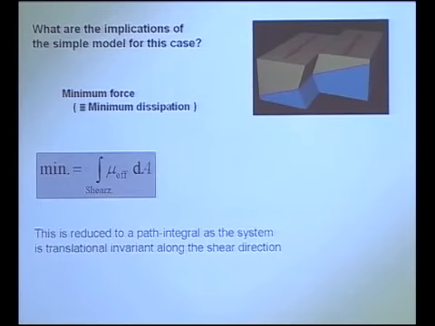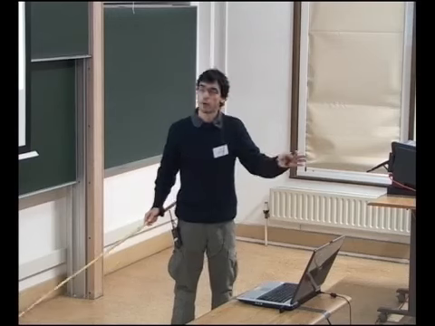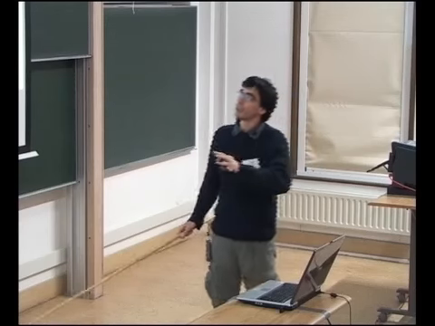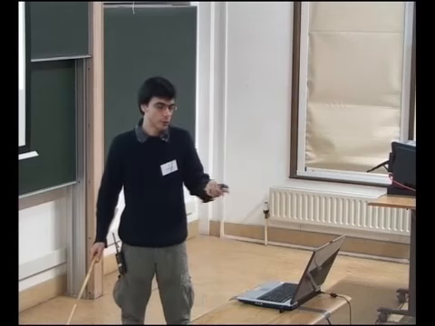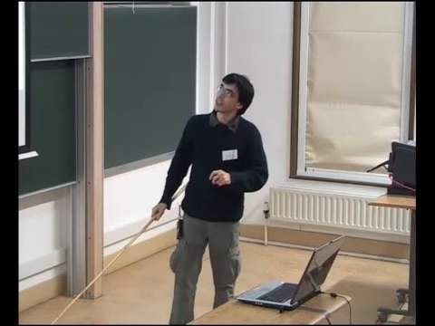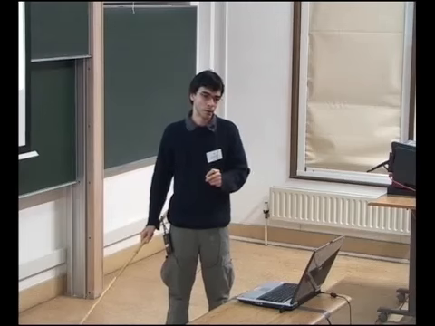So now let's check what the simple model tells us about the shape of the shear zone in such a situation. In the cylindrical geometry, we had to minimize the torque because it was the torque that was fixed from outside. Here we have a shearing force, so we have to minimize the total shear force that is transmitted through the sliding surface.